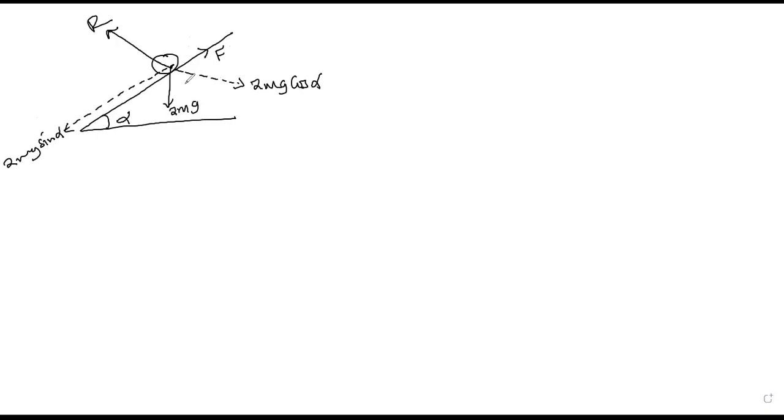If the body is on the point of sliding down, what do we do? We have a horizontal force acting through the line of the greatest slope. So we shall have components drawn with respect to that force P.